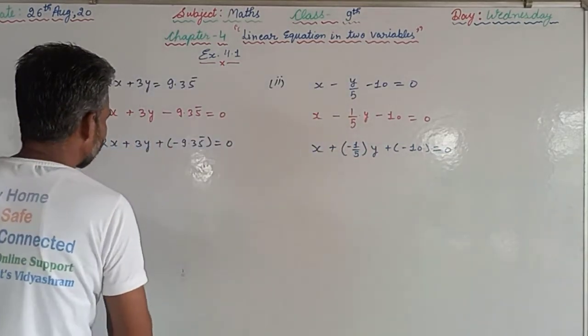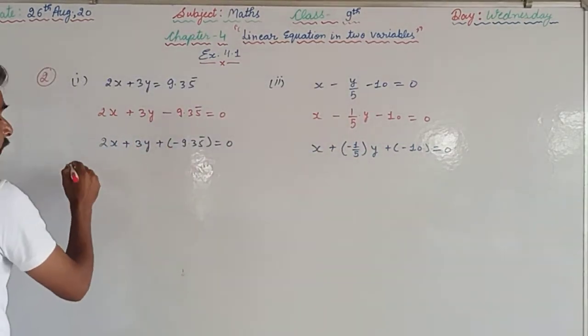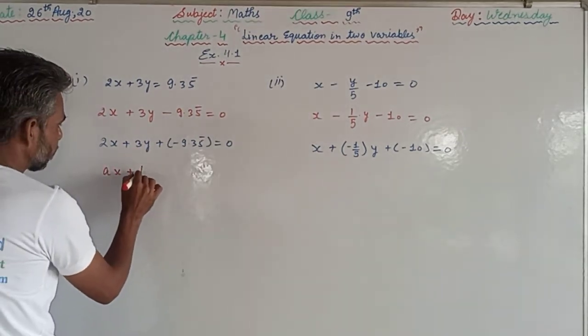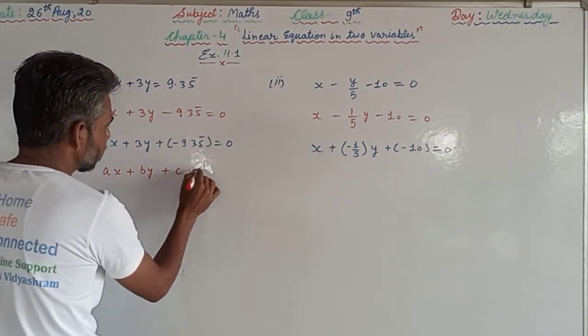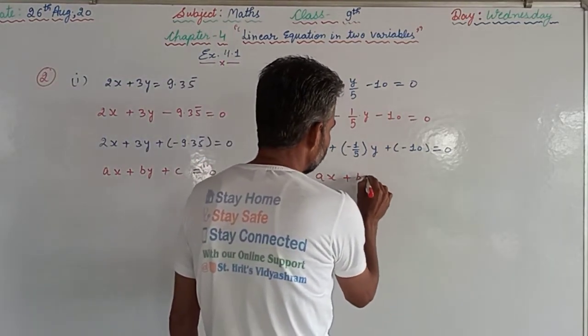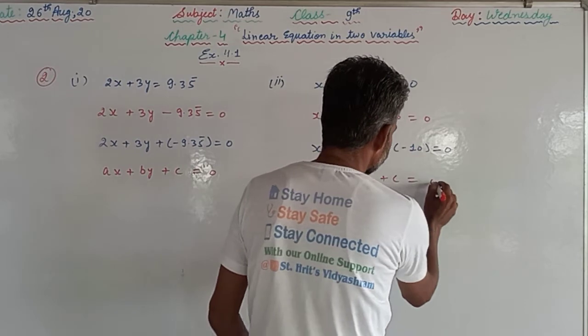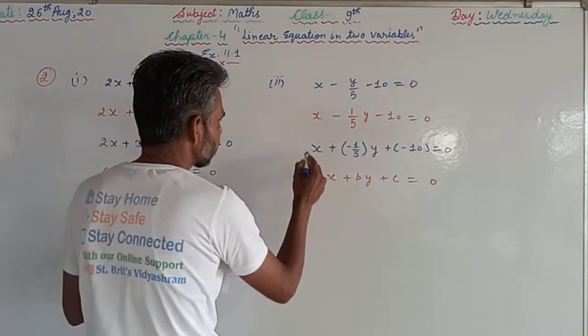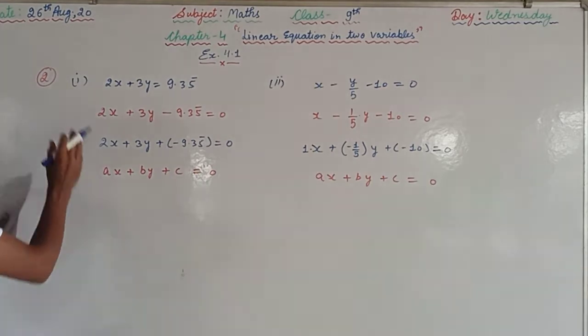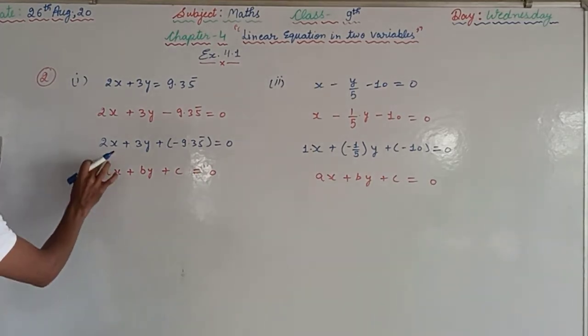Now we are supposed to compare it with the standard form, that is ax plus by plus c is equal to 0. If nothing is there, then there will be 1. So from here we can equate the coefficients.